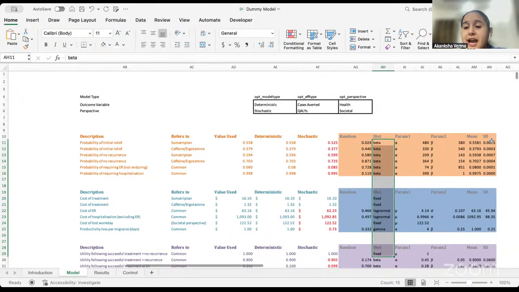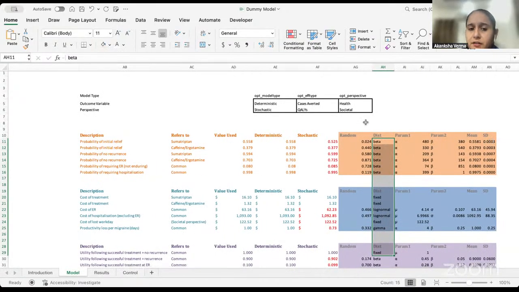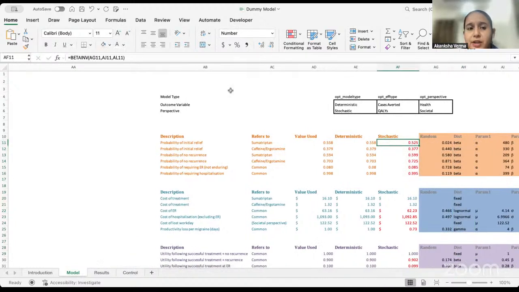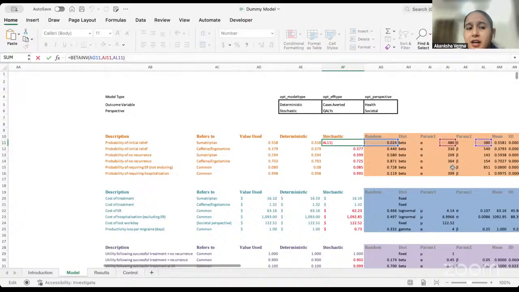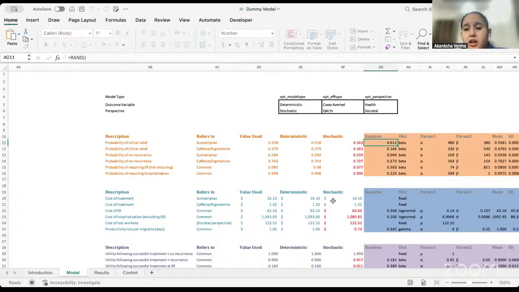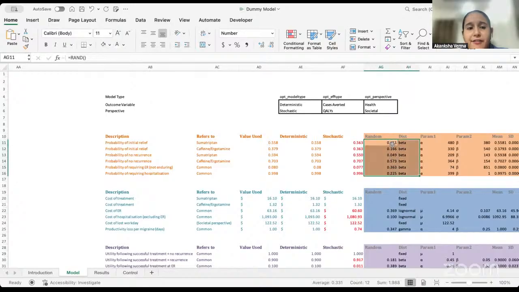And then based on that, our values will be calculated. So based on our distribution, it is calculating the values from your random distribution. This is the random distribution you have, and you get a value.